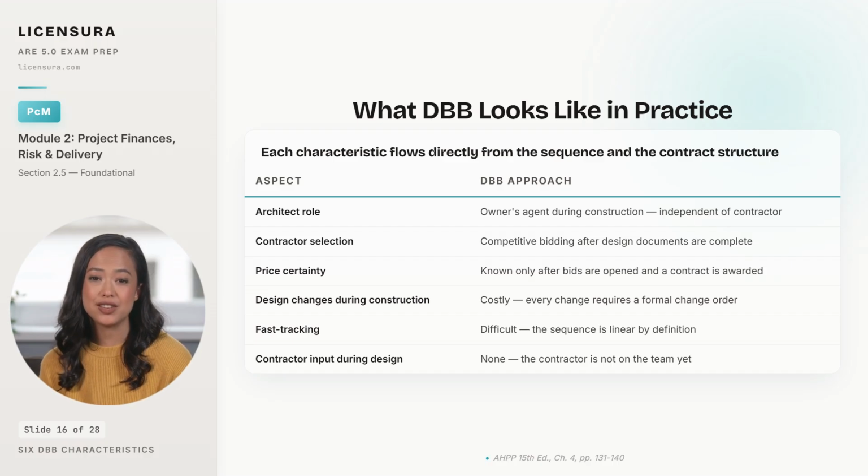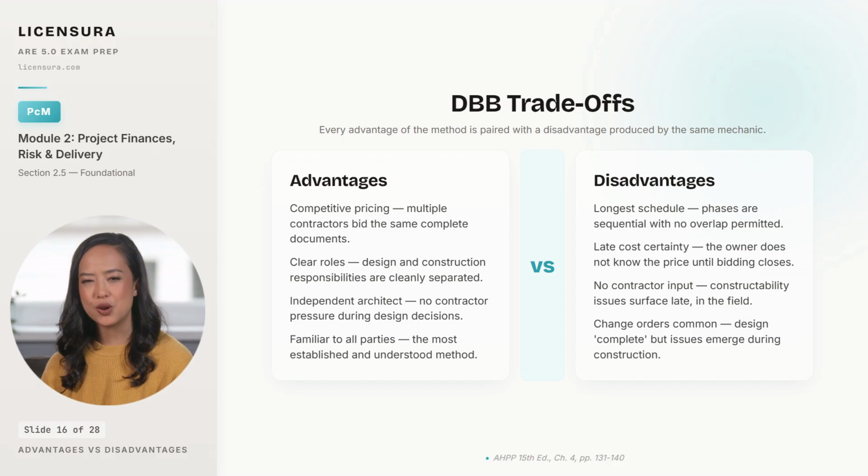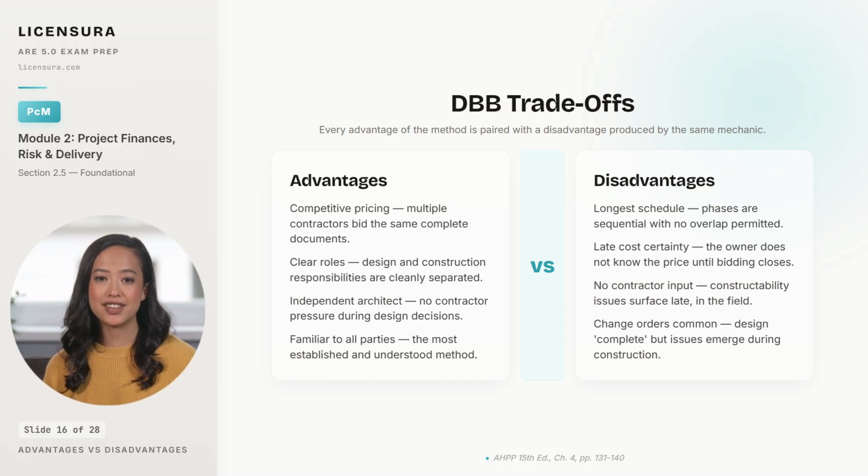Those 6 characteristics produce a set of advantages and a matched set of disadvantages. Let me lay them out side by side. 4 advantages, 4 matching disadvantages, each pair driven by the same underlying mechanic. Competitive pricing works because multiple contractors are bidding identical complete documents, and that same completeness requirement is exactly why the schedule is the longest of any delivery method.